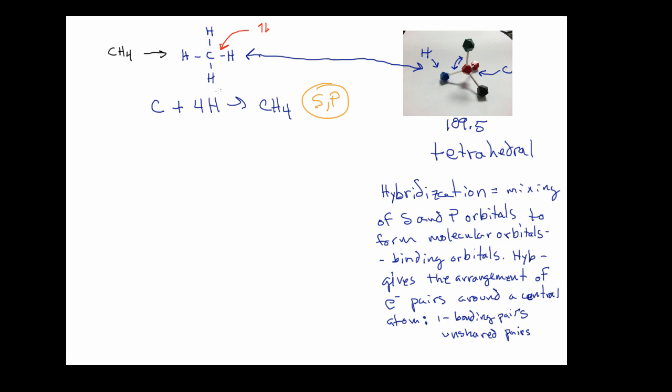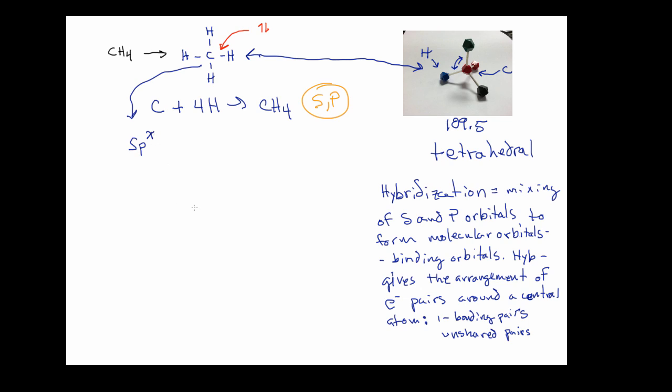Okay, so let's get with the program now. So let's look at this particular molecule, and what we're going to do is determine its hybridization. So hybridization is going to be given by the following constant relationship. It will be sp raised to the x, where the s refers to the number of s orbitals, and the p refers to the number of p orbitals.